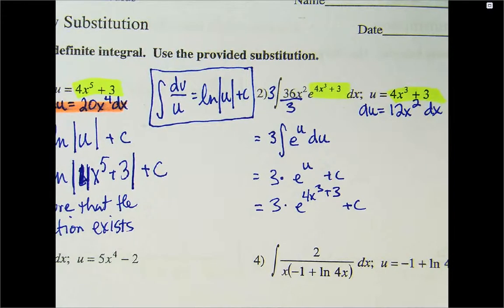All right, now for number 4, we're given... all right, now in here, what do you think the u is going to be? Do you see something and then you see its derivative?